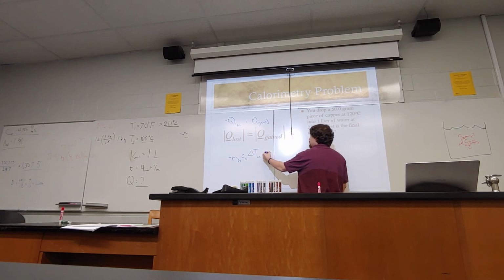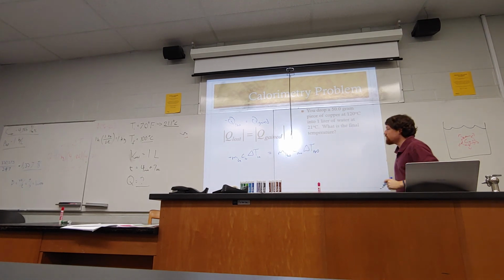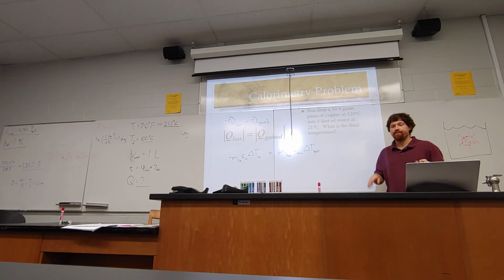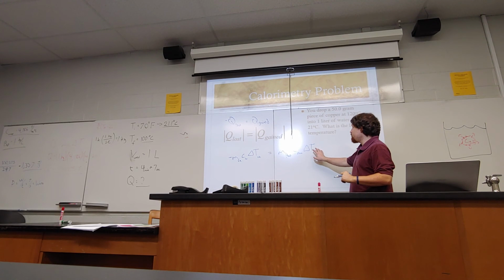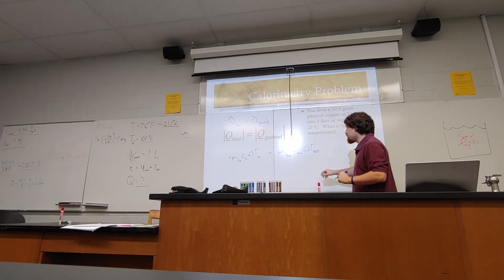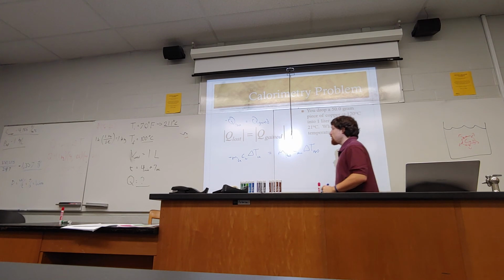And then on the right side, the water is what must be gaining the energy then. So we have mass H2O, C H2O, and delta T H2O. So technically the same variable labels, but we're pulling it from the different sides, and so none of the numbers are yet equal to each other.